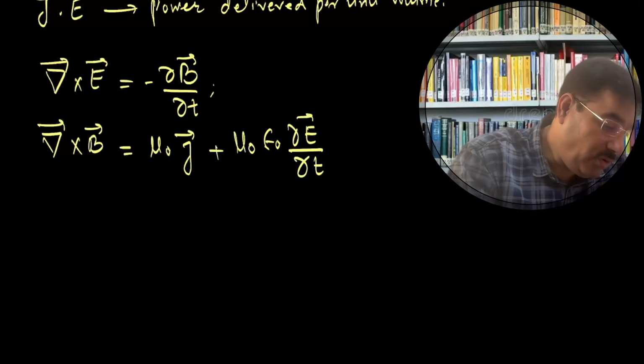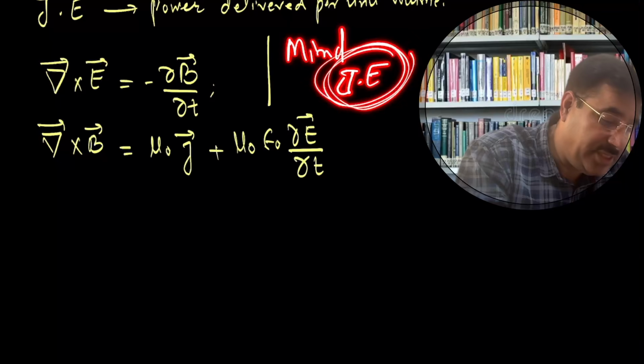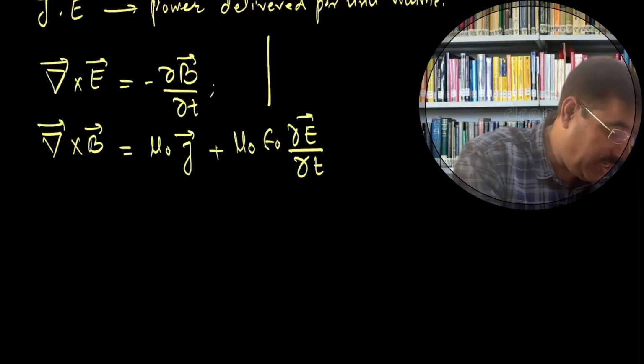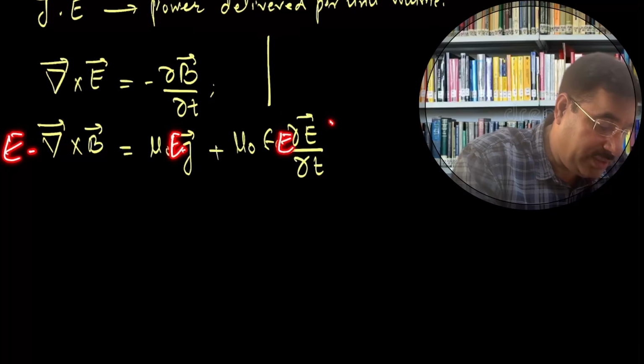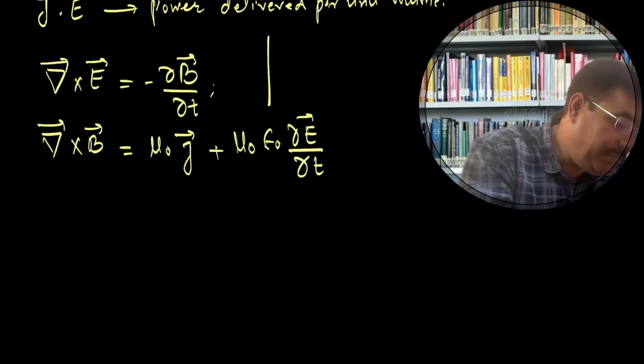So in order to find E dot J, see, in your mind you have this J dot E thing. That is energy that is delivered to the matter, right? So in order to find E dot J, I will take the dot product with E on all three terms, right? Because I'm looking for E dot J. So let me do that.